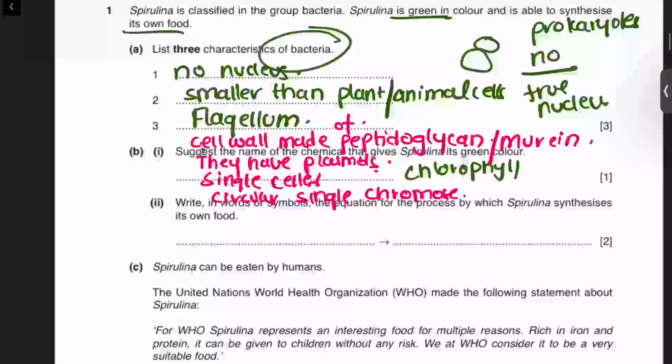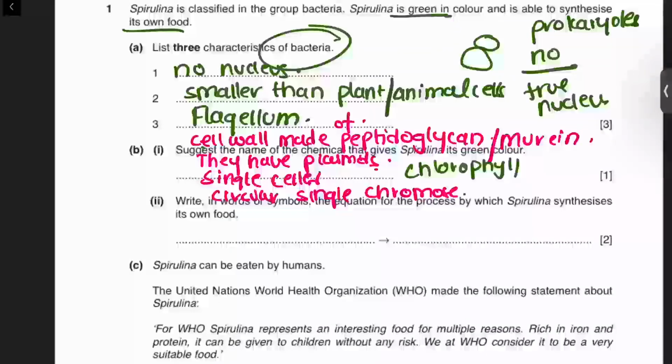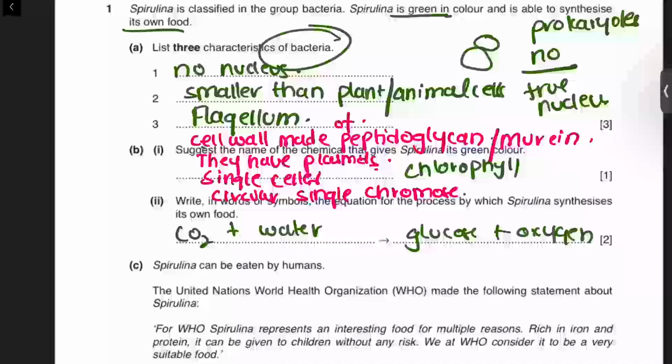And we write down the equation for photosynthesis. So carbon dioxide plus water will give you glucose plus oxygen. This is the word equation. Sorry, CO2 plus H2O plus. Yes, very good. Carbon dioxide.